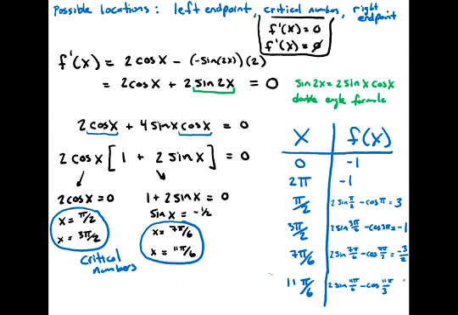Let's see, 3, 6, 9, 12. So that's the cosine of 5 pi over 3. And so that gives us, if we plug in 11 pi over 6, again, a negative 3 over 2.